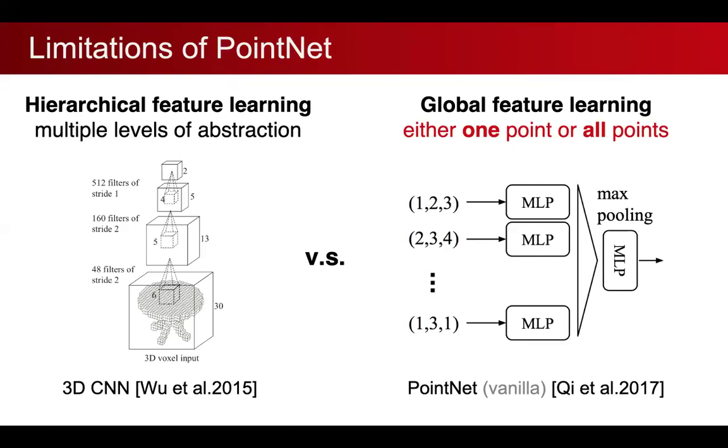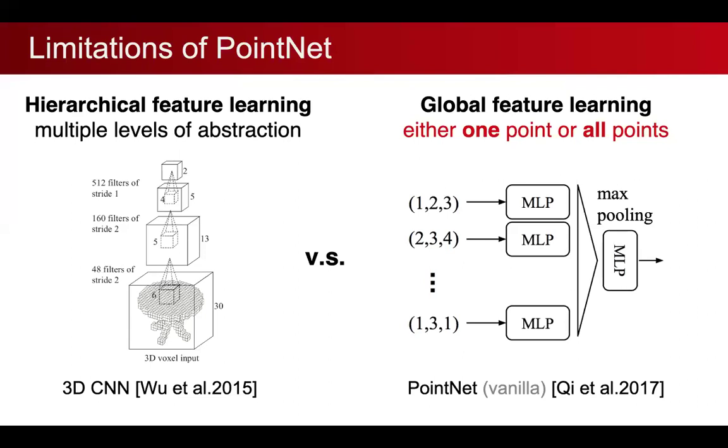And that's very powerful, and it is a characteristic of the 3D convolution operator, in that case for voxel grids, a 3D structure of the shape. But PointNet, because it does embedding and aggregation, cannot do this hierarchical feature learning. It only does global feature learning or individual point feature learning.